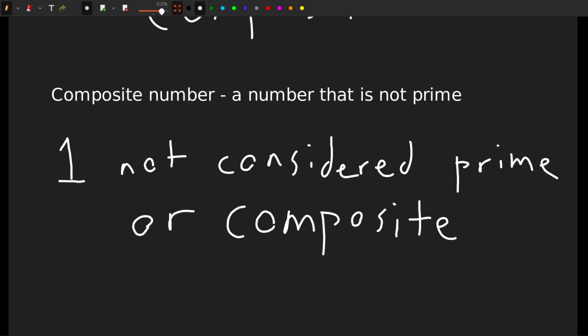It's not considered either of those. And there's not really an easy reason for that, but we just don't consider it prime or composite. And it's not something for algebra that you would really need to be worried about.